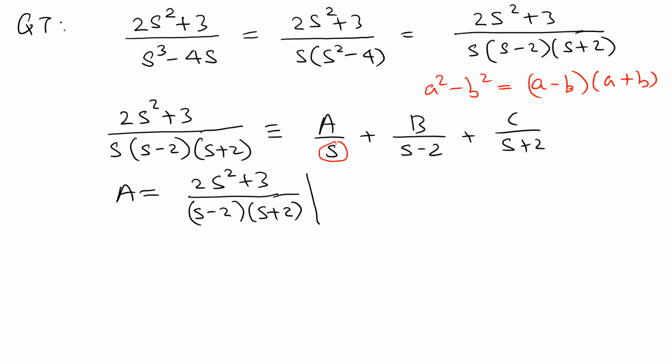And we're going to substitute s equals 0. And when you do that, you're going to get 3 in the numerator. In the bottom, you're going to get negative 2 and 2. So that is going to give you negative 3/4. So that's the a. And we can do a similar argument for b and c.